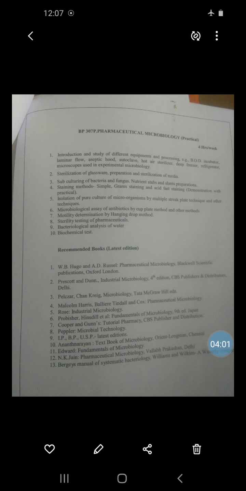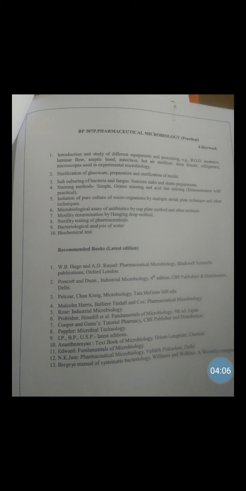For example, ATCC, that is American Type Culture Collection; NCIB, that is National Collection of Industrial Bacteria, Scotland; National Collection of Type Cultures, England; and National Chemical Laboratory, India. These are a few collection centers of various cultures. So this is all about the introductory part.